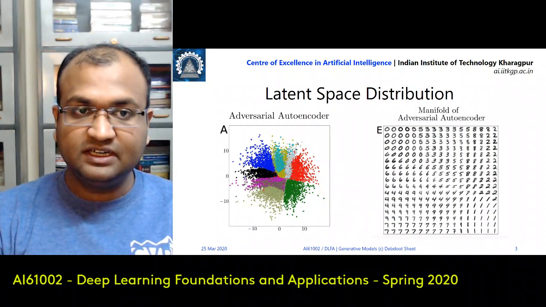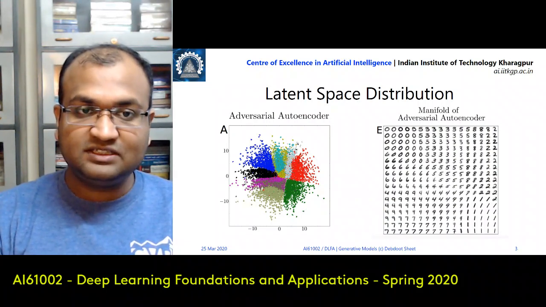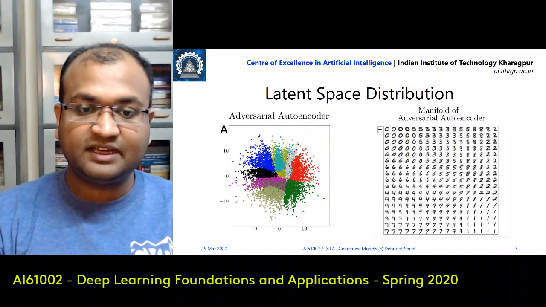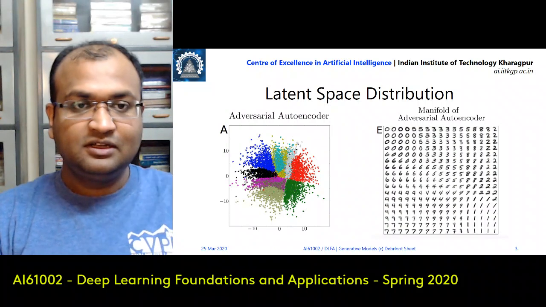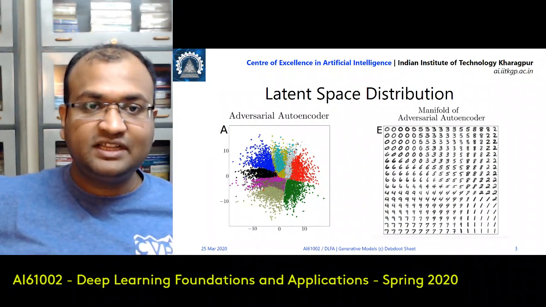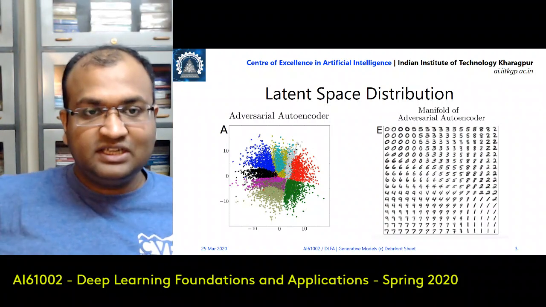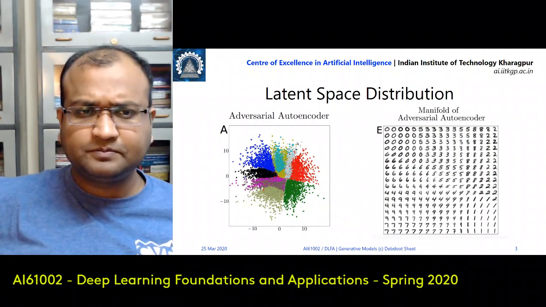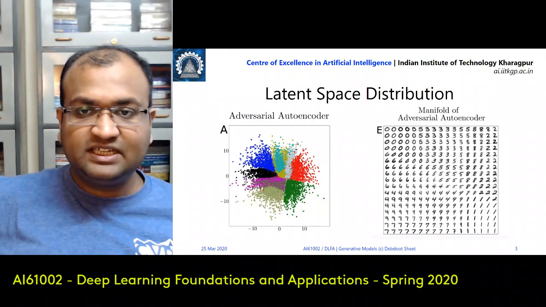Okay, so here you can see what essentially happens from it. On the left hand side, what you have is a plot of different points, and the points are colored. If you look into it, there are 10 different colors. Each color represents one particular digit in that MNIST.